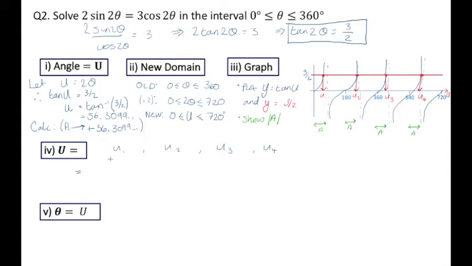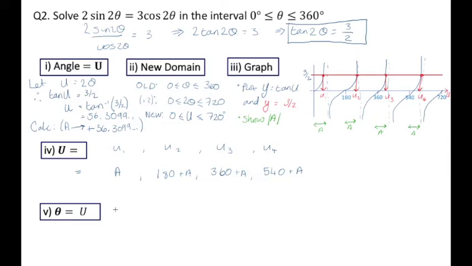Right, so let's write U1 in terms of A. So we know that U1 is A. We know that U2 is going to be 180 degrees plus A. U3 is 360 plus A. And U4 is going to be 540 plus A.